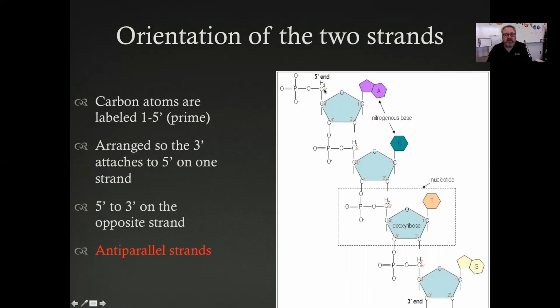It's carbon number 5, that's the 5', and carbon number 3, that's the 3'. Okay, so the 3' end attaches to the 5' end. Okay, so there's your 3' and there's your 5', and they are connected through that phosphate group. Okay, these are what we call anti-parallel strands. That means that they are running opposite of one another.